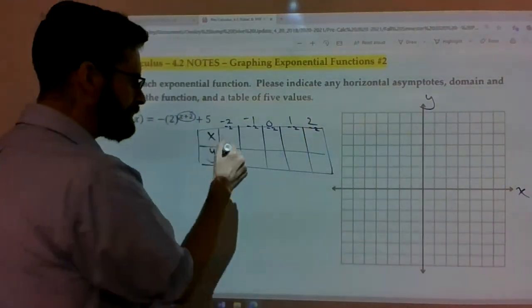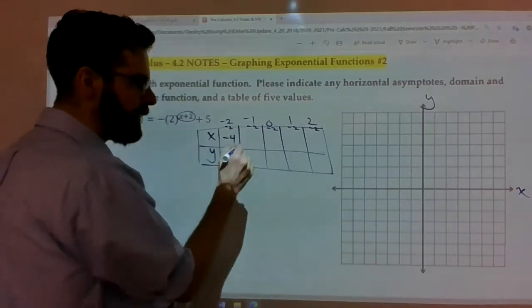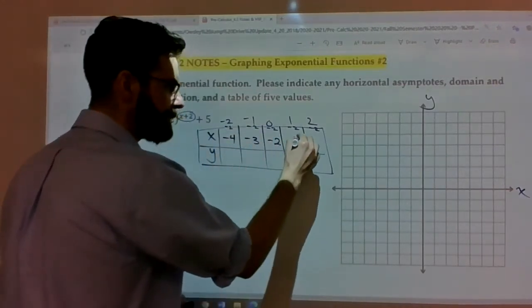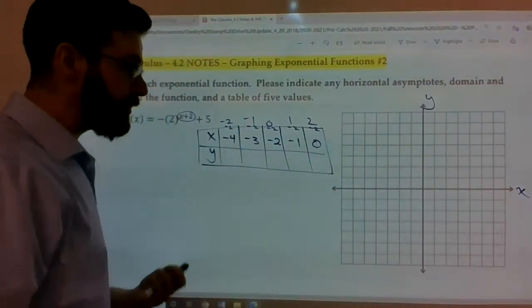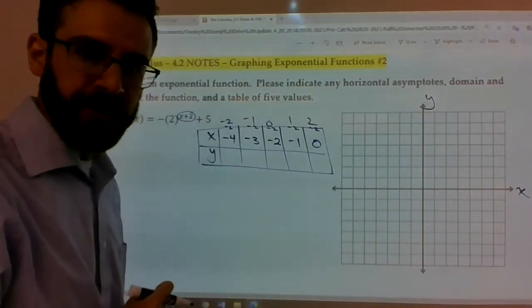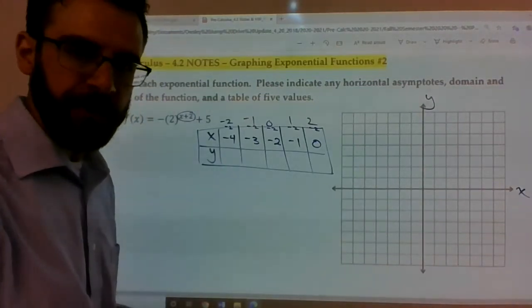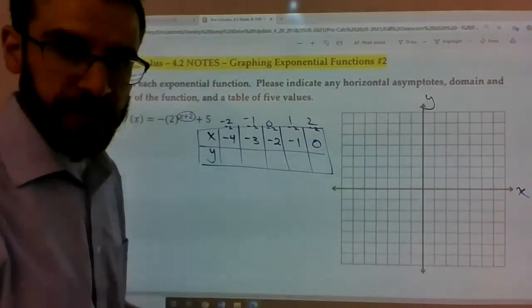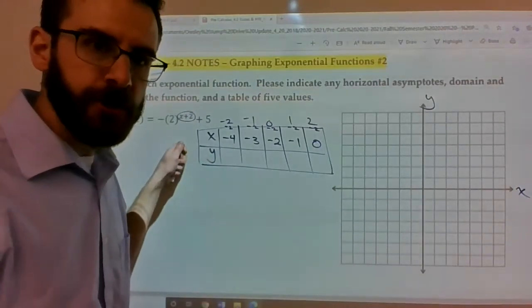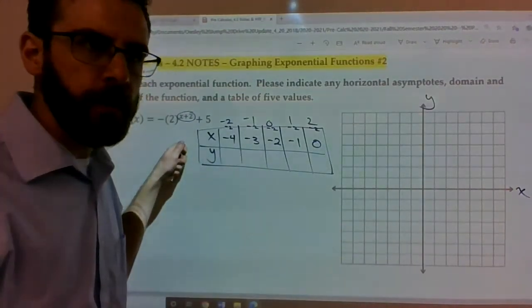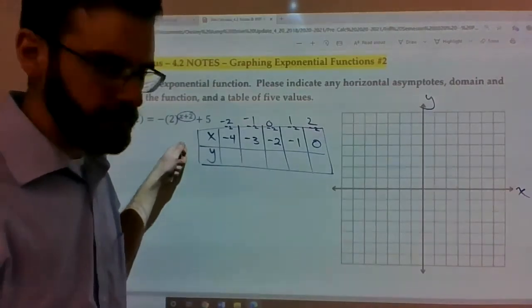So negative 2 minus 2 is negative 4. Negative 1 minus 2, negative 3. Those are the appropriate x values to plot points with. If you're shifting horizontally, you want your table to reflect that.